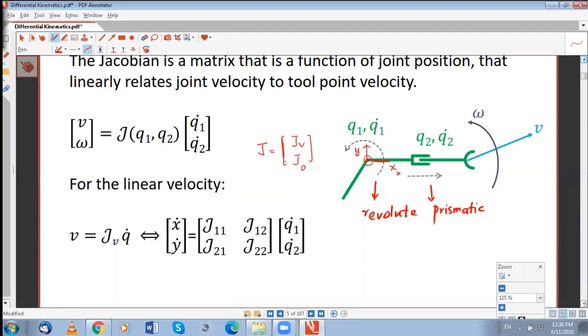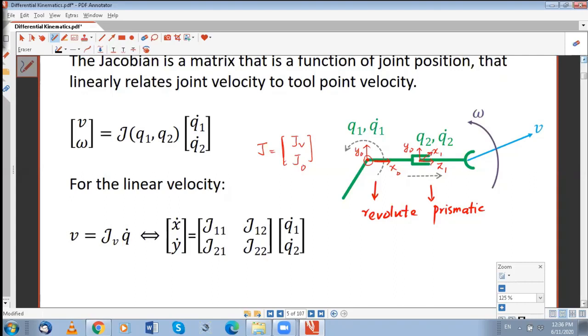Yeah, this is the joint figure. And for the second one, we can say that this is our Z1. Y1 can be upward. And X0 could be this. X1 could be into the field.